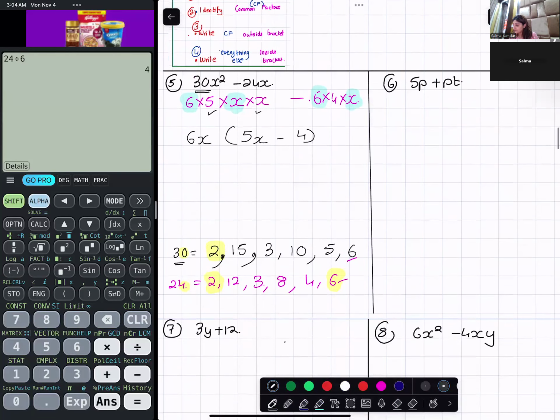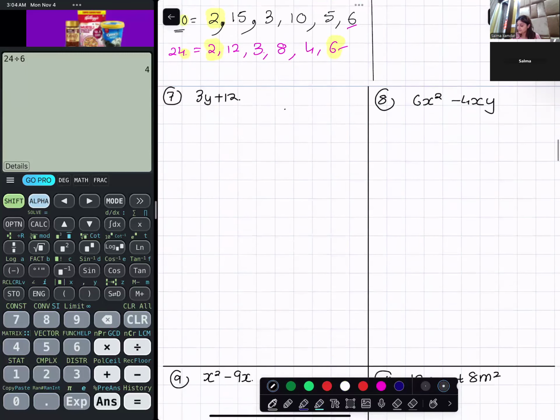Let's do the next sum. Factorize. 5p can be written as 5 into p plus p into t. Identify the common factor and write it outside the bracket, p. So what I'm left with is 5 plus t. Next.